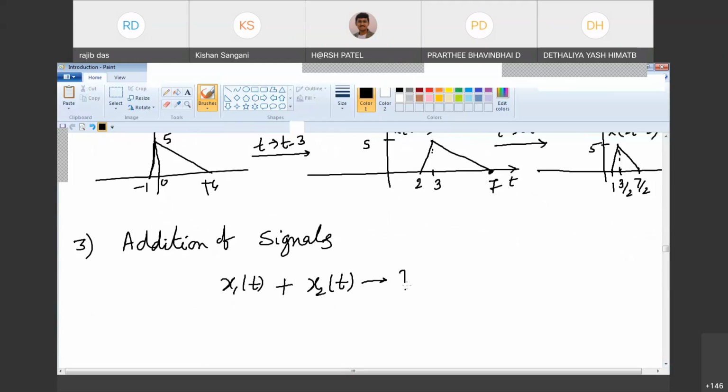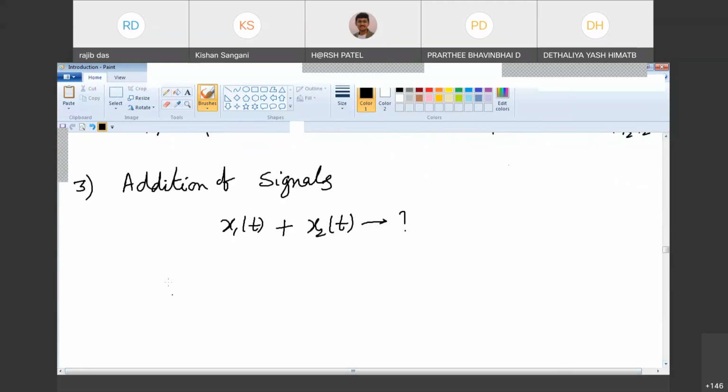Okay, so can I draw it quickly? Very simple. Suppose I have one signal like this, from -2 to +2, this is your x1(t), with height 1.